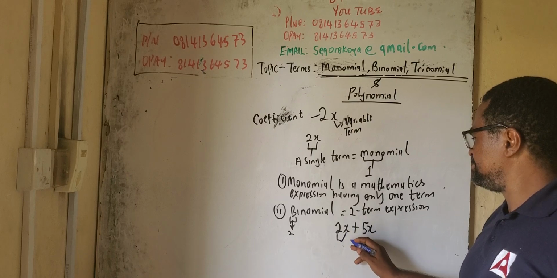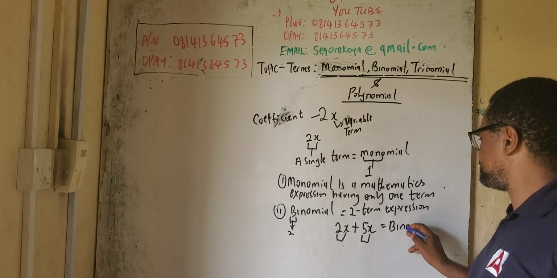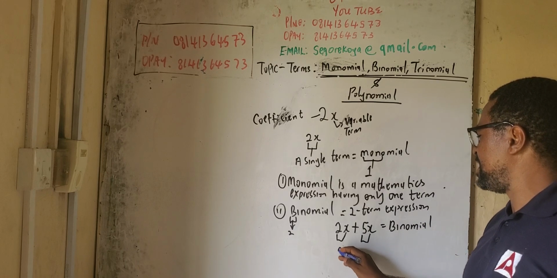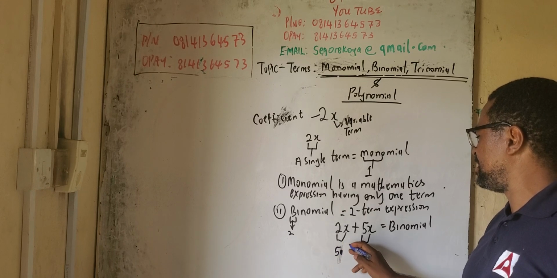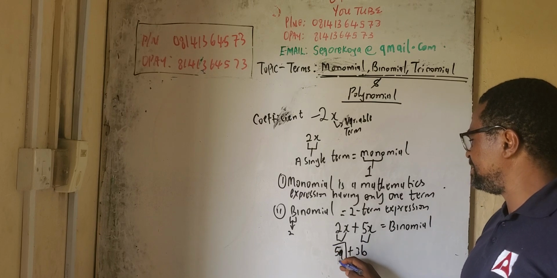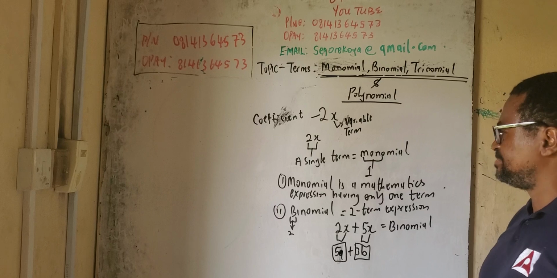This is a term, this is another term. So this is a binomial. Like if I have, let's say, 5a plus 3b. What I have here is a term. What I have here is another term. So this is a binomial term.